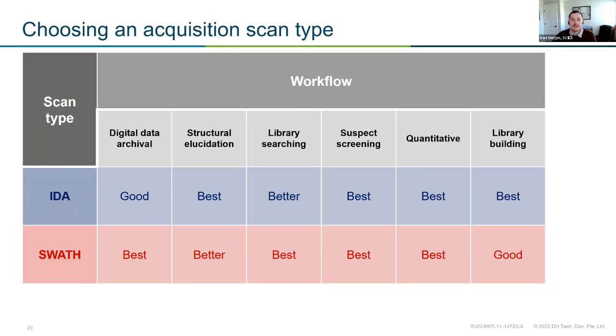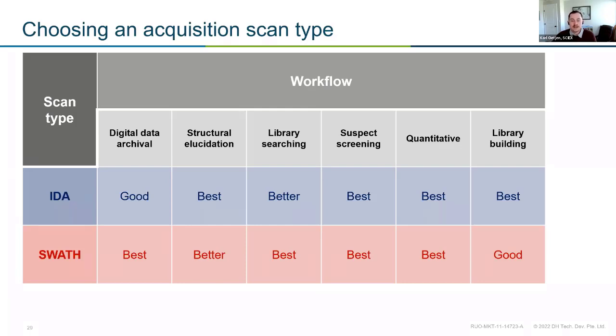So if I need to, I can inject more, I can lower my threshold, my sample's not that complex. So I can take advantage of those descriptors of my sample and sort of use this information-dependent acquisition to get the purest quality spectrum.